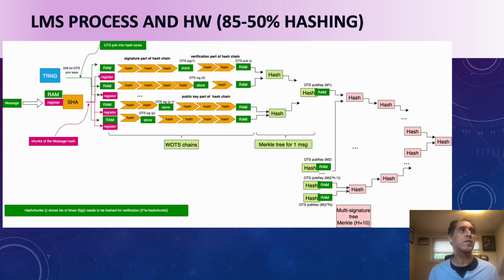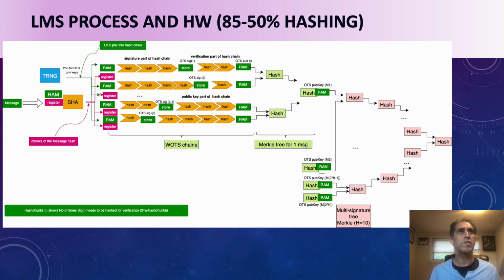Basically, it's the same thing as I mentioned. You have a message, which originally has to go into the SHA to get accelerated. Then you create these one-time private keys, and you feed the private keys into each one of these hash chains. Depending on the value of that chunk, say you hash 3 times, the signature is here; 4 times, the signature is here, and so on.